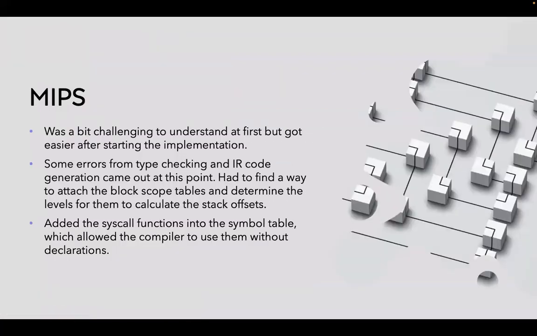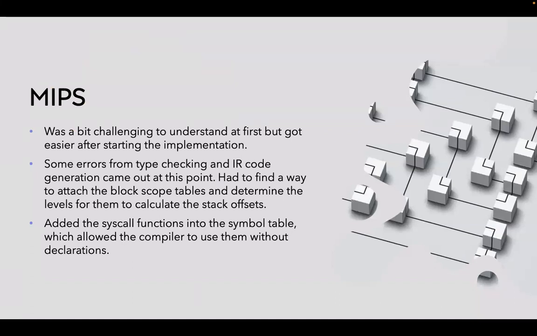The final part was the MIPS code generation, and it was a bit challenging to comprehend at first since it's such a different language and I never had any experience, neither with assembly nor any other kind of machine code language, but it got easier after I started the implementation.